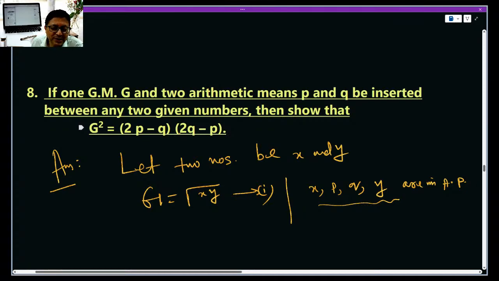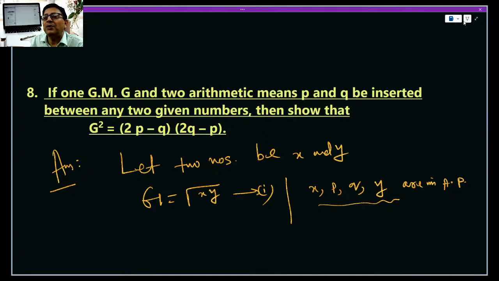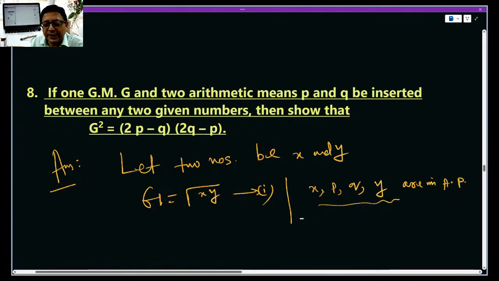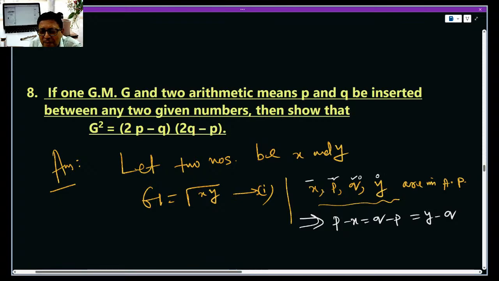So what do you have to do there? You have to eliminate x and y. Can't you see that they are in AP? As they are in AP, this implies Q minus P equal to y, the common difference. Isn't it? This minus this equal to this minus this equal to this minus this. So what does this imply from here? X we can get.